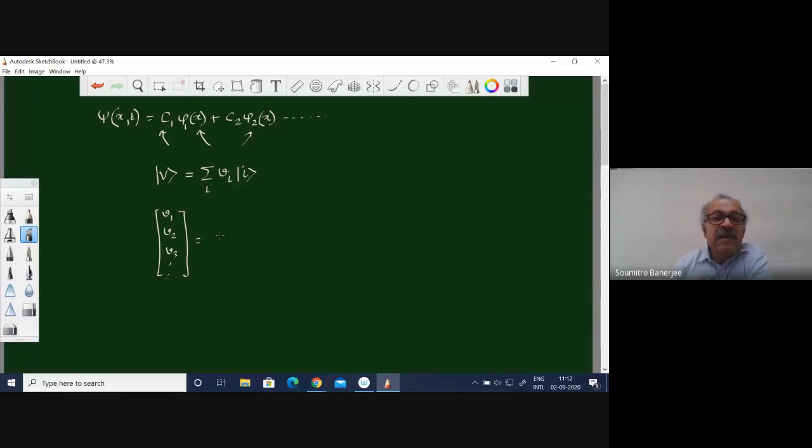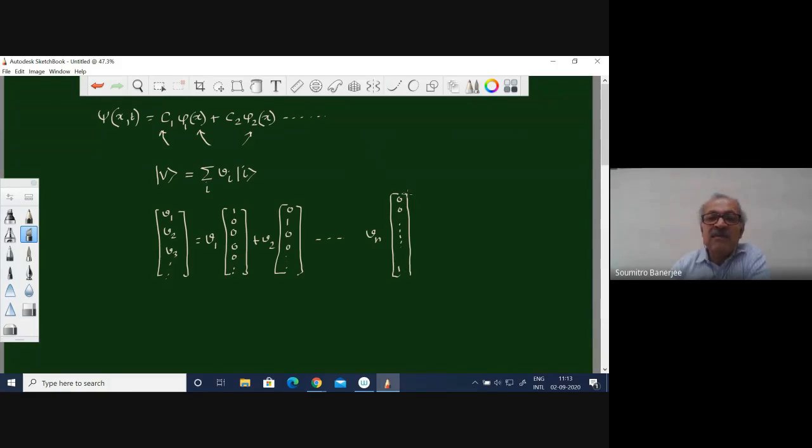And that will be the same as V1 times the first one, which is 1 and all zeros; the second one, where the first is 0, then 1, then 0, 0, and so on; and the nth one, all zeros with 1 in the nth position.